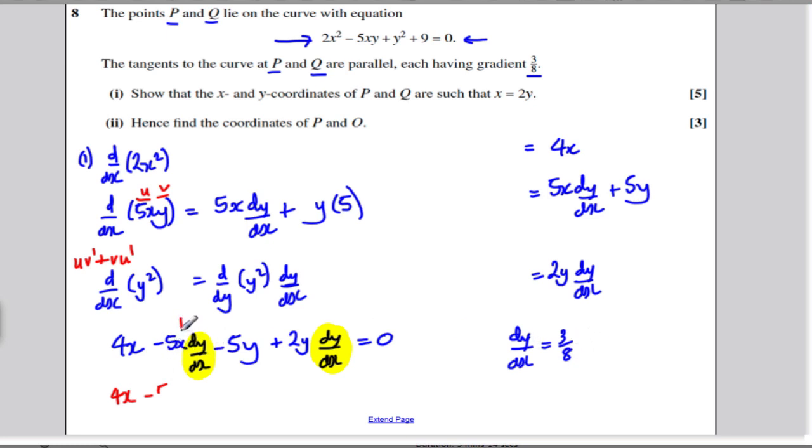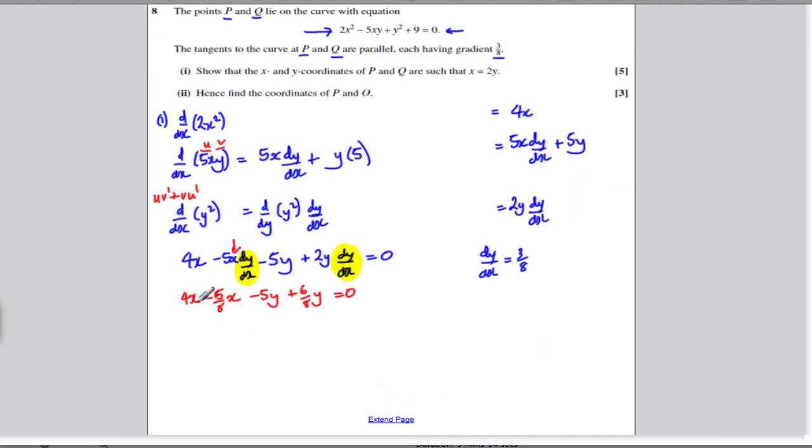Let's just forget about the x for now. 5 times 3/8 is 15 over 8, and you've still got your x. So it's going to be minus 15 over 8 x minus 5y. 2y times 3/8: 2 times 3/8 is 6/8, so that's plus 6/8 y is equal to 0.